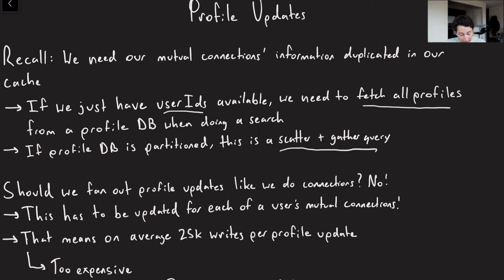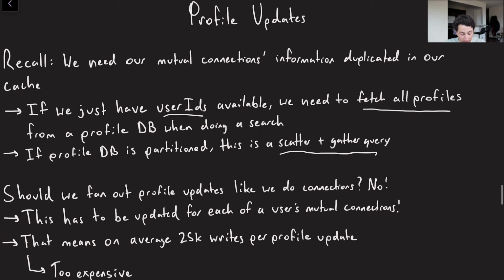The problem is, for mutual connections, when someone updates their profile, they have a bunch of mutual connections, right? We said on average around 25,000. If a user has n connections, really they're going to have n times probably n connections, so n squared, but the reality is they have however many mutual connections that they do based on the connection graph.